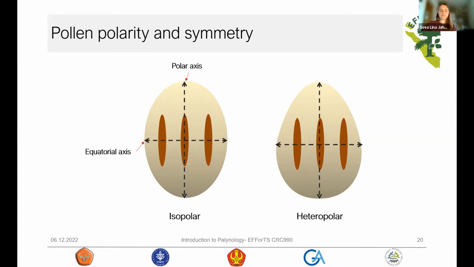And this polarity and symmetry can cause different shapes in pollen. Of course, pollen is not always round and circular, but it can have many different shapes. It can be isopolar, so quite regular, but it can also be heteropolar. So the lower part, for example, of the pollen grain can be bigger than the upper part. It makes it tricky to identify sometimes, but I think it's good to know.